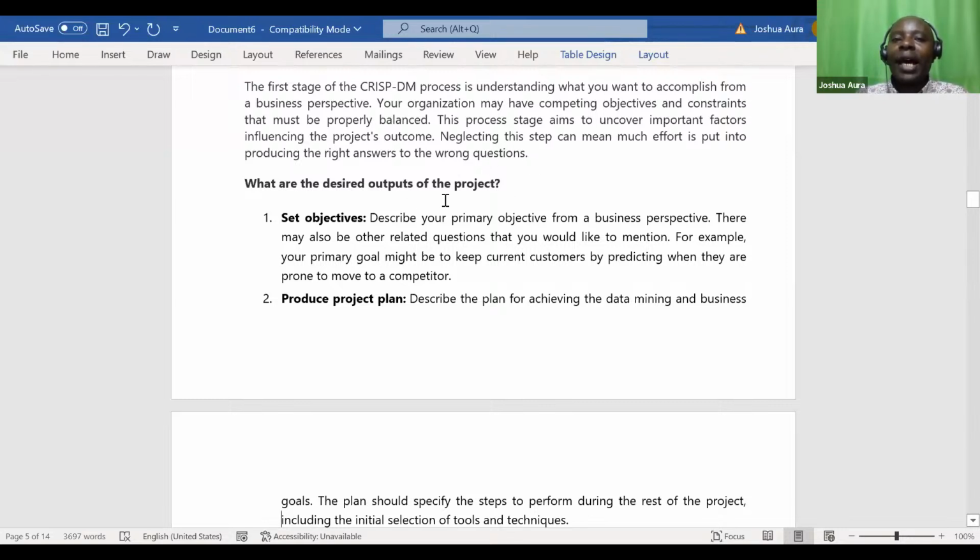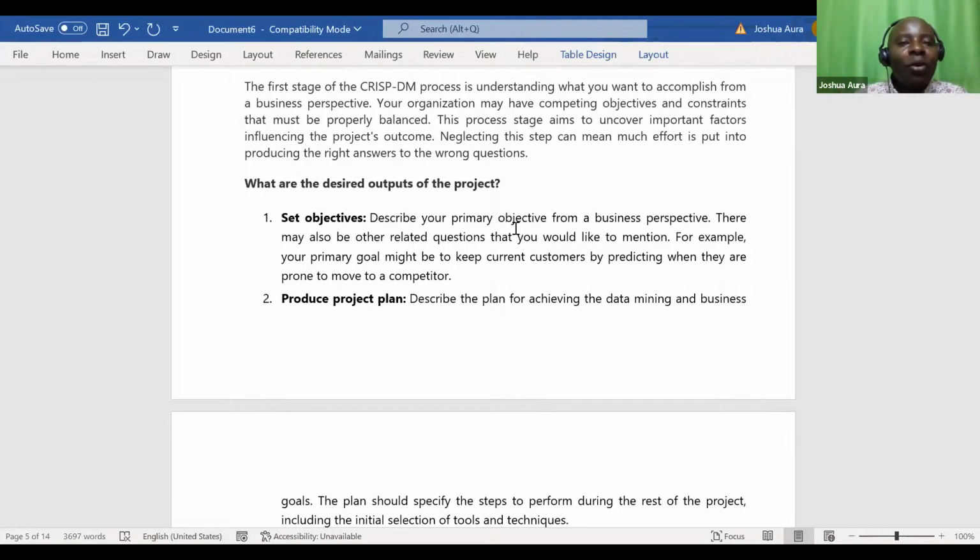What are the desired outputs of the project? We must ask ourselves this when we're trying to understand the business. Set objectives. Describe your primary objective from a business perspective. I would want, for example, to analyze data for IBC for such and such purposes.